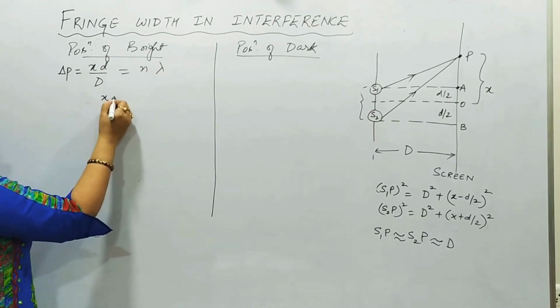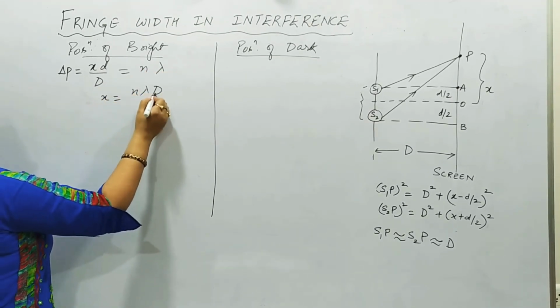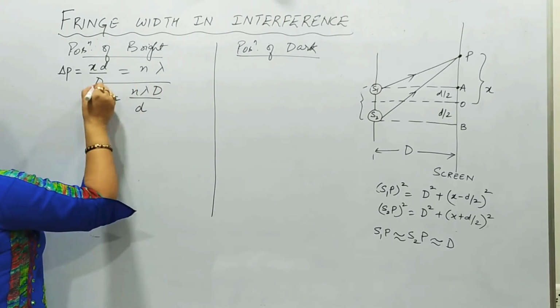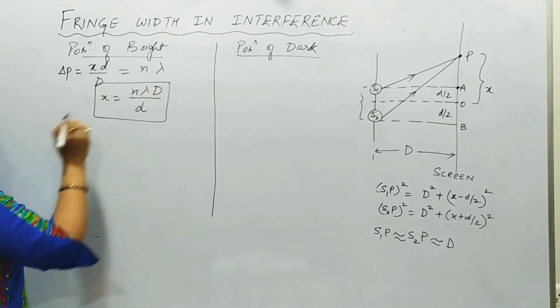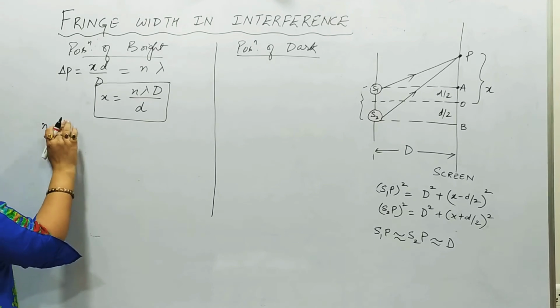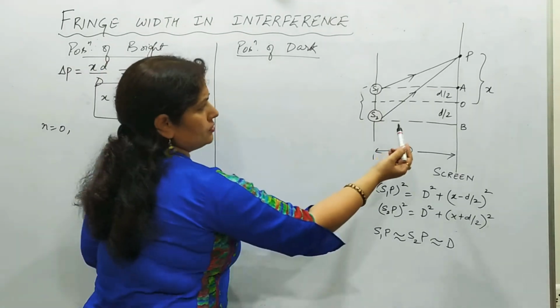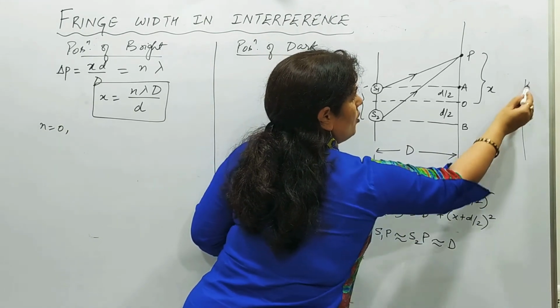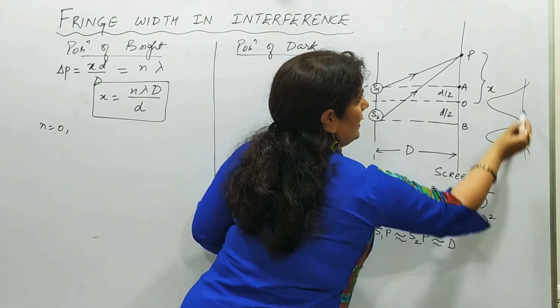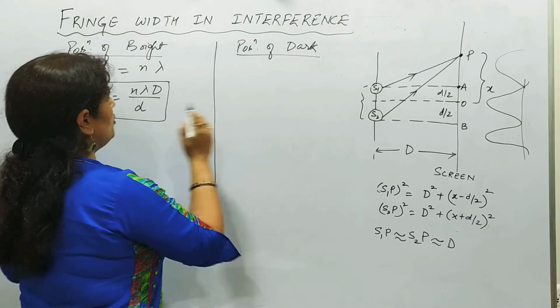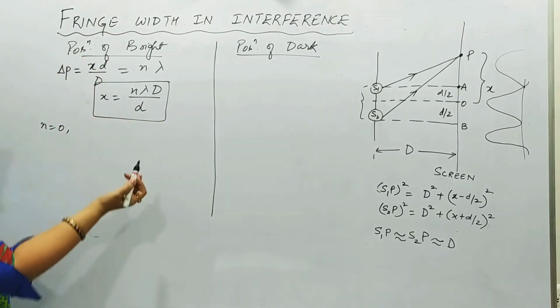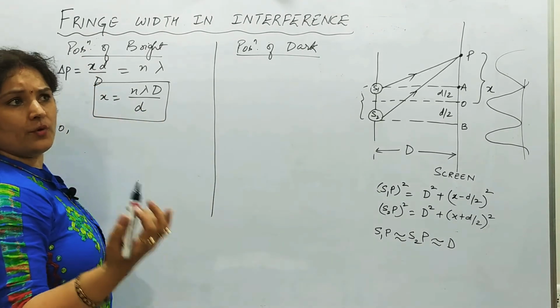So x can be written as n lambda D by d, right? Putting n as 0, because we get a bright fringe at the center also. This is how we get bright, dark, bright on both sides. In constructive interference we start the value of n from 0.